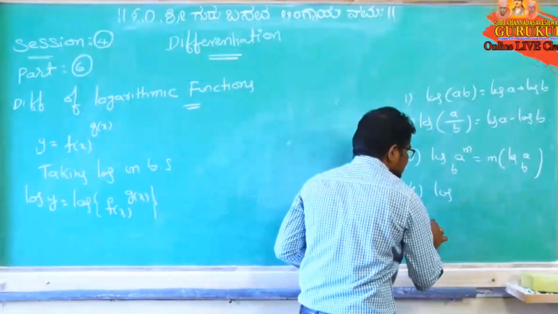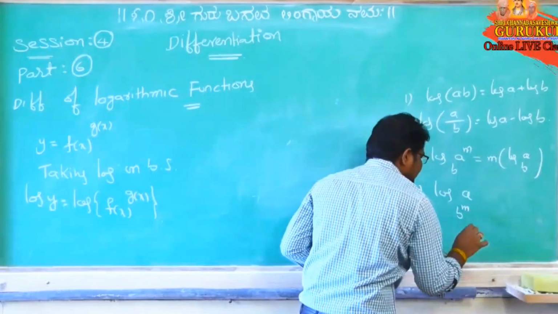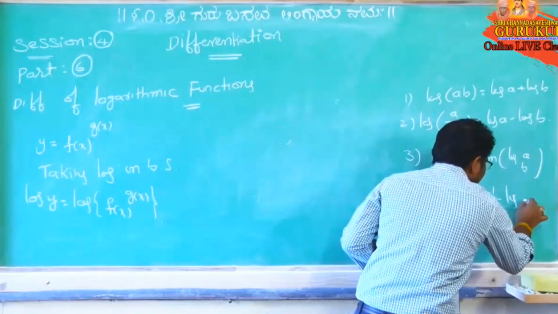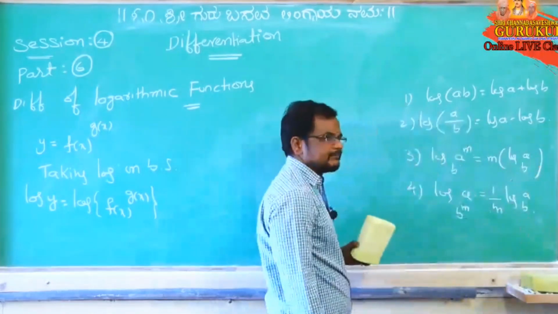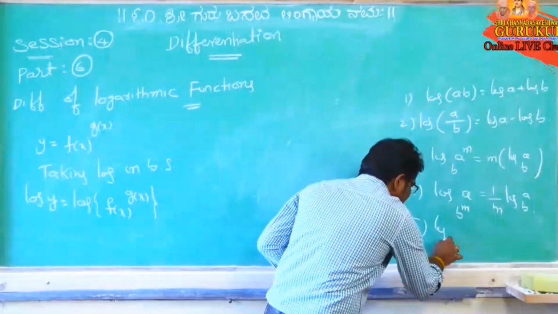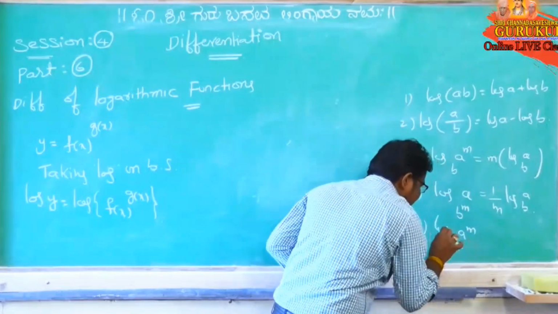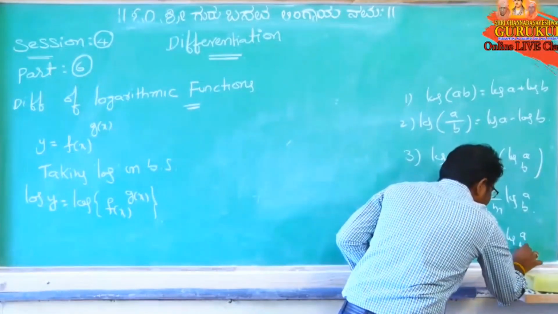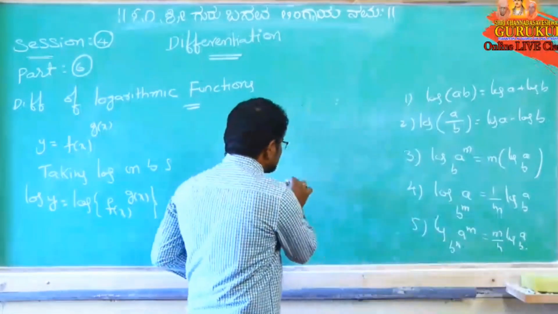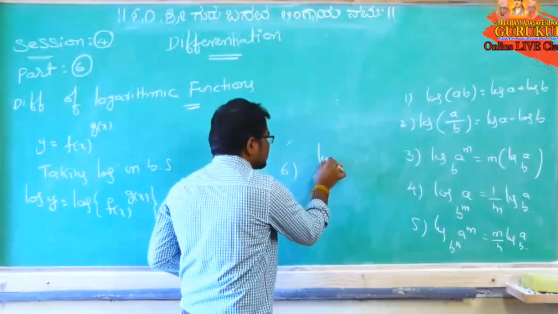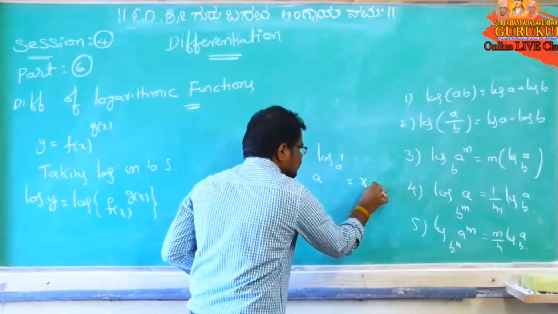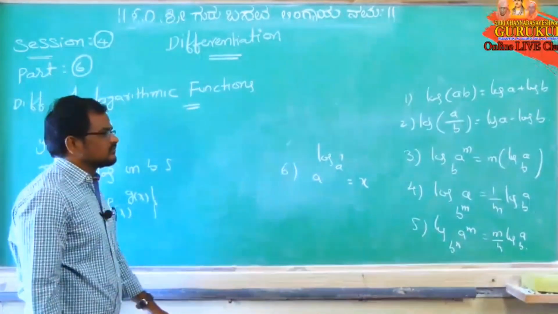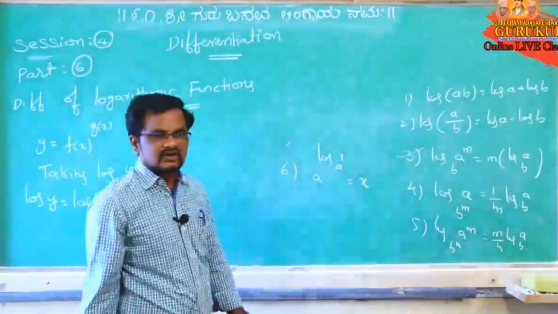Suppose log of a to the base b power m, so 1 by m log a to the base b. Suppose log of a power m to the base b power n is there, m by n log a to the base b. And also one more, a power log x to the base a equal to what? X.